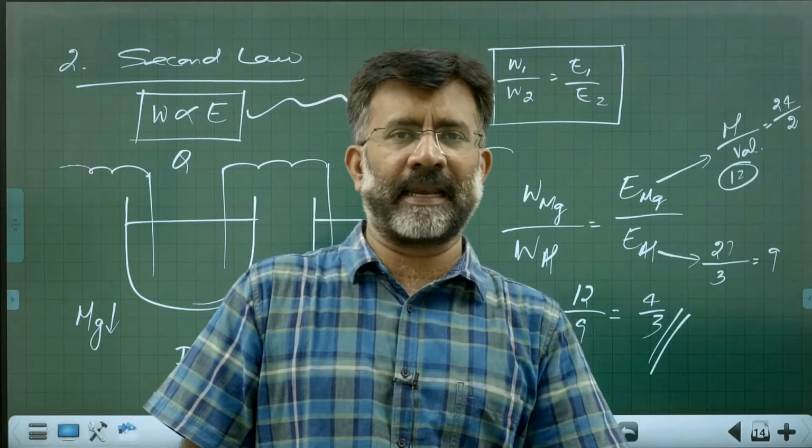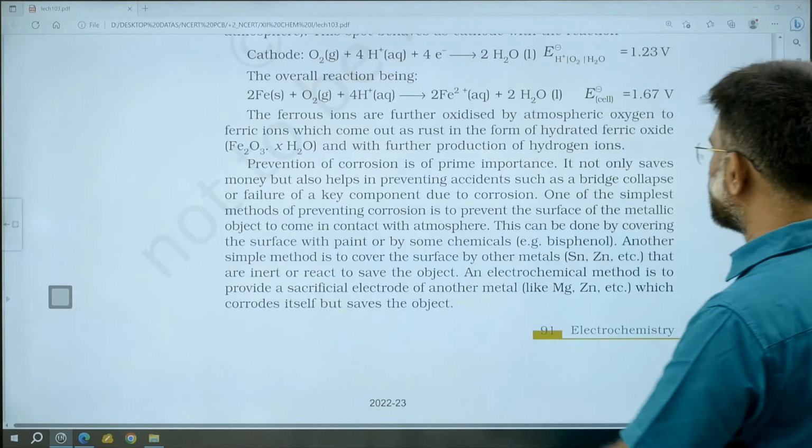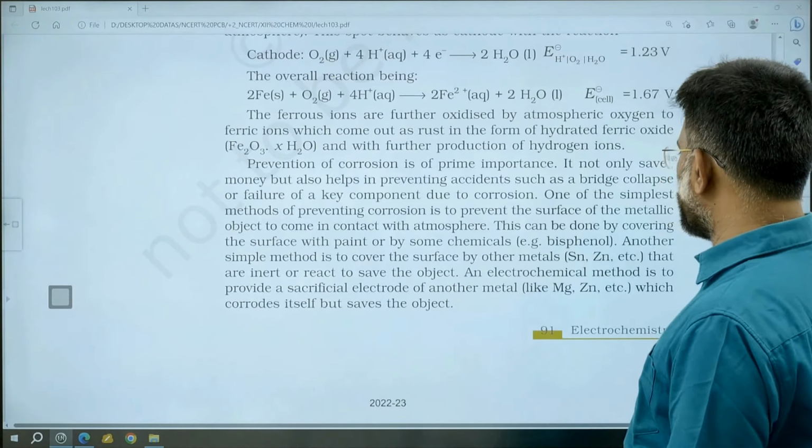And there are various ways to prevent corrosion. Prevention of corrosion is also a very important topic which you learned in the lower classes itself. Various methods are used for preventing corrosion. Number one, painting.